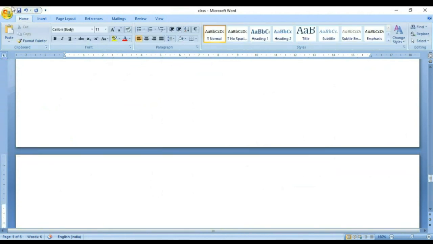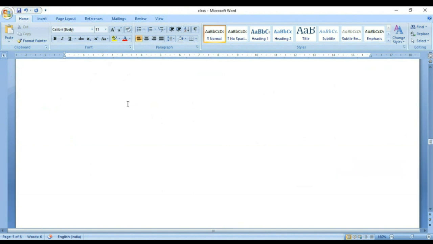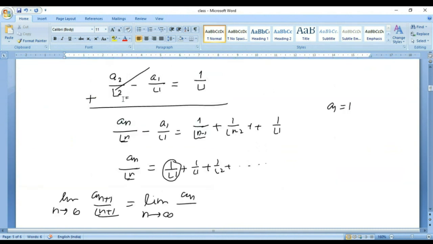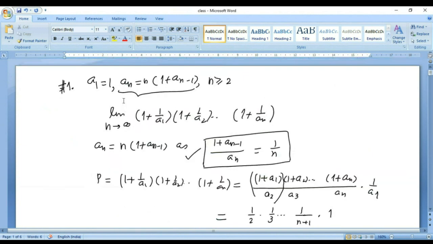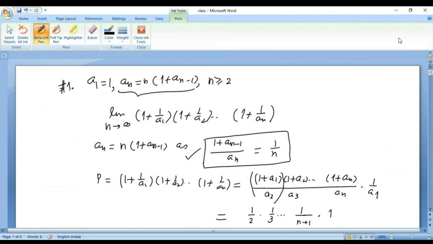So let me review what we did just now. We have done this one, where the relation was given to be a_1 equal to 1. Let me highlight and show you the important steps.